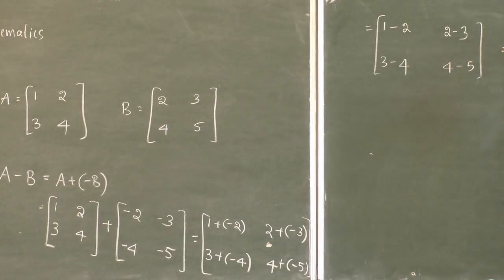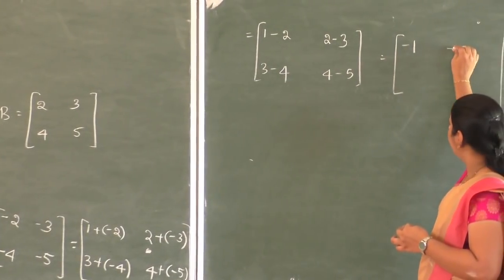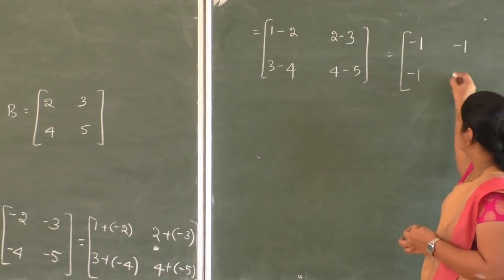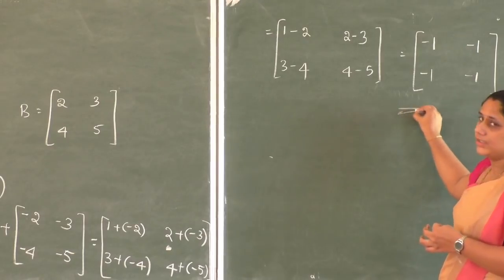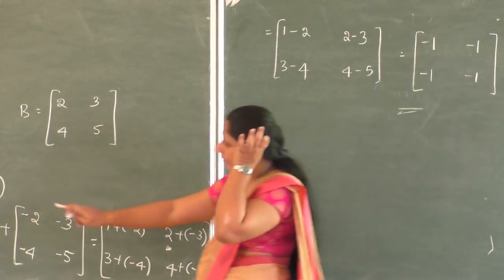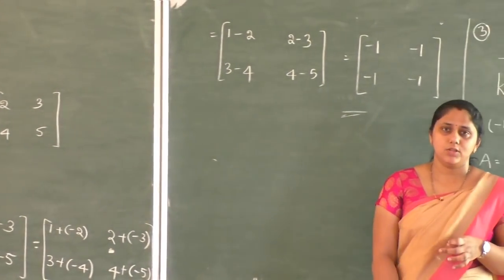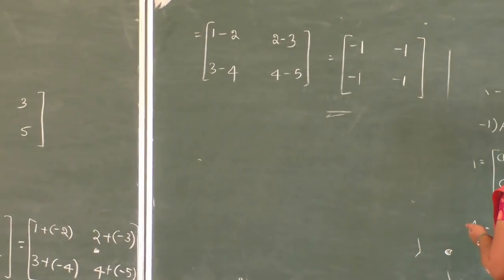So the final matrix will be 1 minus 2, that is -1, 2 minus 3 is -1, 3 minus 4 is -1, and this is also -1. So this is the resultant matrix A minus B. So this is regarding difference of two matrices.